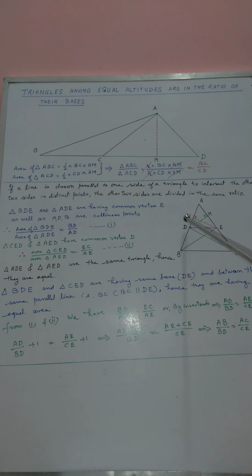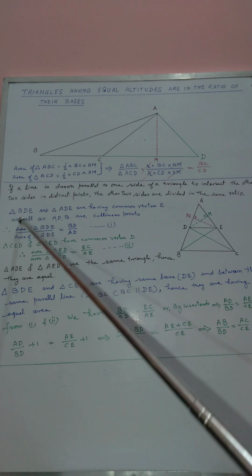Now you see ADE is the same triangle. One, you can find the area as AD into EN, and the area will be equal to the same, AE into DN. In both cases, the triangle ADE will be the same. So let us proceed further.